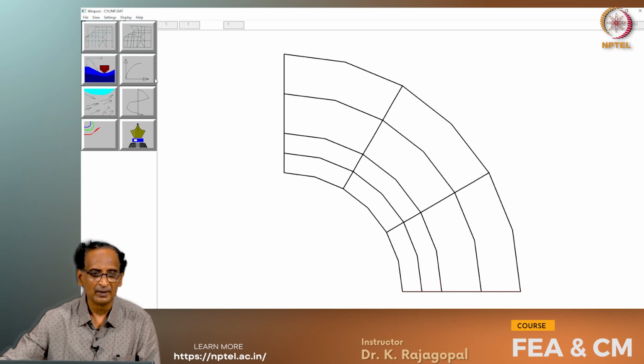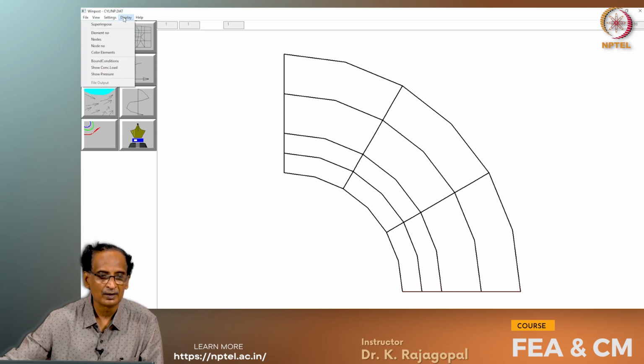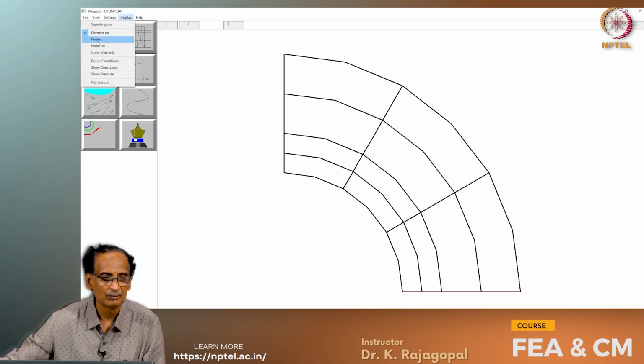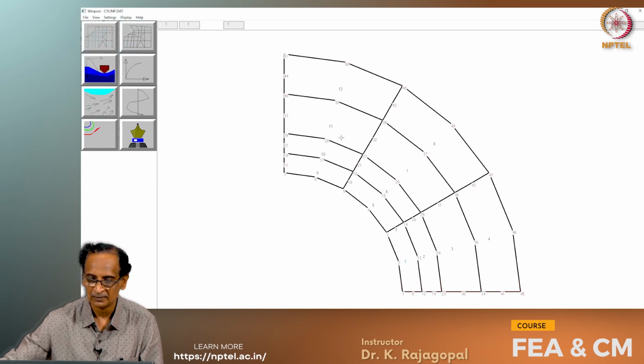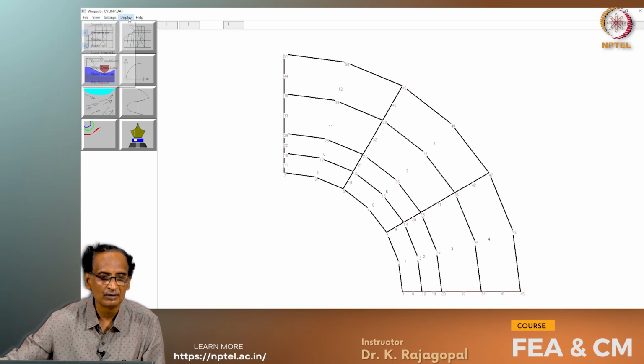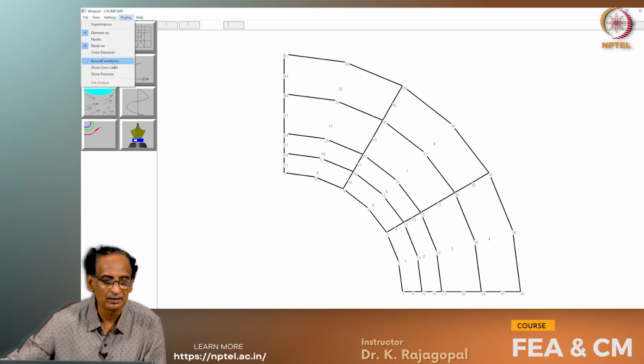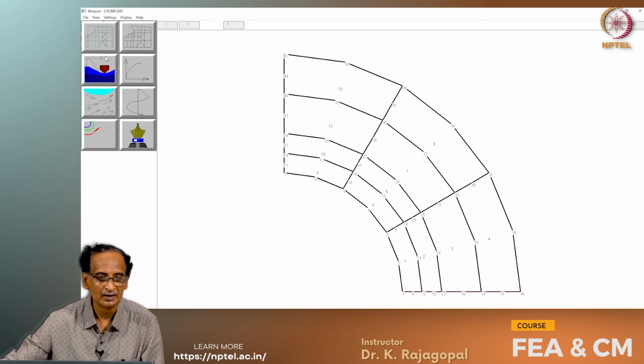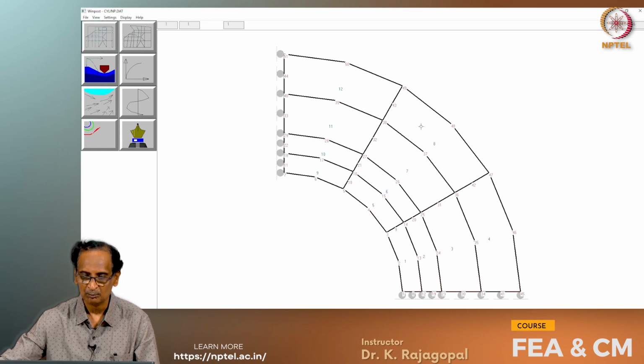So, this is our mesh that we have used for this analysis. Let me show the node numbers, and then let me show you the boundary conditions. Okay. So, this is our mesh. Actually ignore these straight edges.